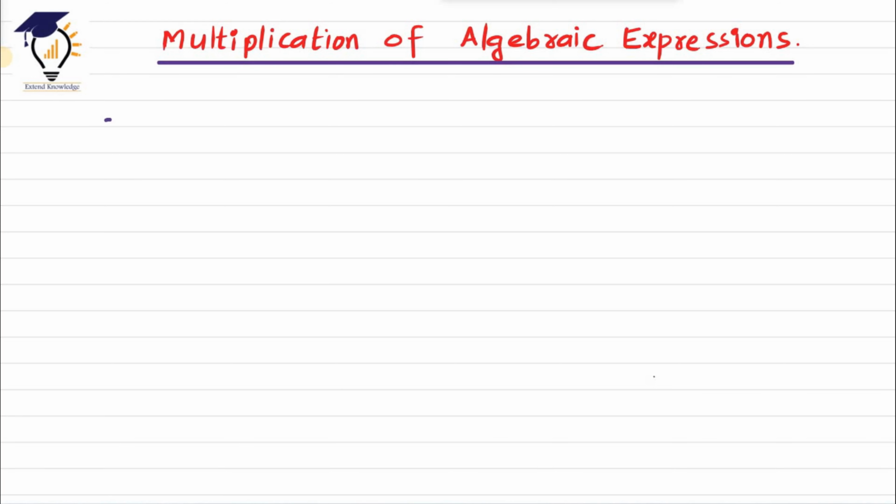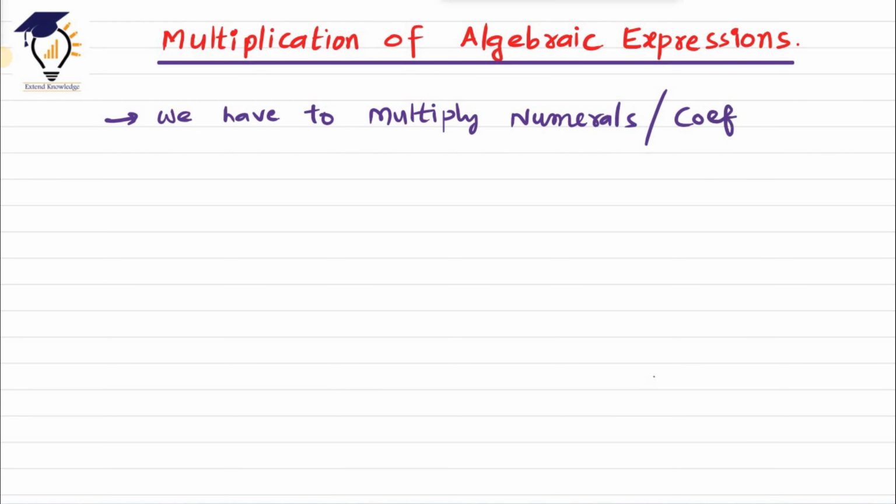So first, step 1, we have to multiply numerals or the numbers, or we can simply call them coefficients, and we have to multiply variables.